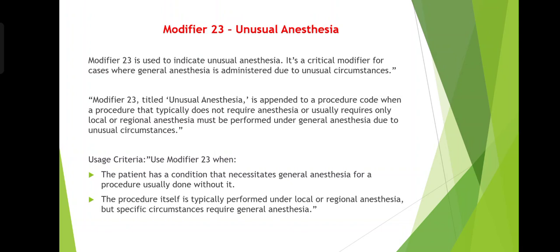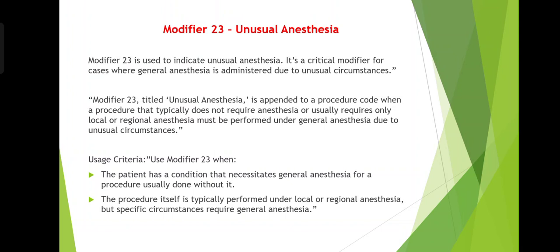Let's take another example. A child who is uncooperative to undergo a routine dental procedure, making general anesthesia necessary. Here the patient is a child, and he is not cooperating with the physician to perform the routine dental procedure.